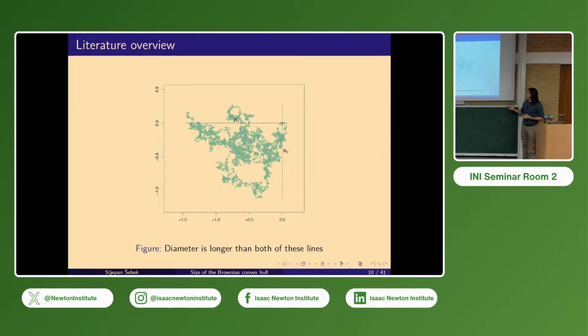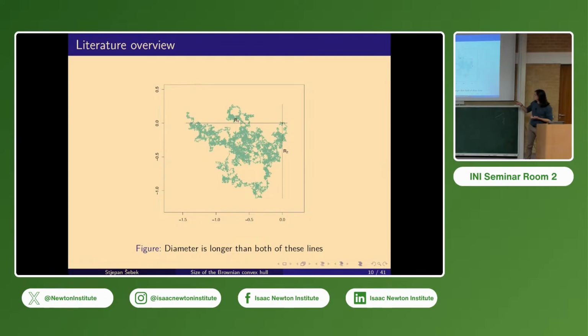And for sure, the diameter of the hull, it doesn't matter if you look at the hull or just the trajectory. The diameter of the trajectory will be the same thing as the diameter of the hull. But what we know is that the diameter is definitely bigger than R1 and R2. And why is that so? Well, there is some point that is projected on this end of this line, and there is some point projected here.